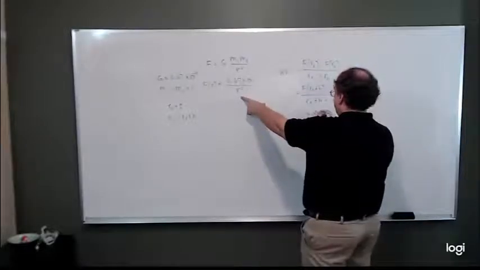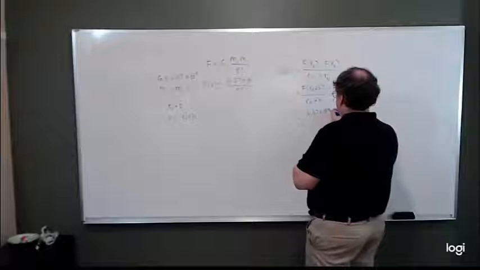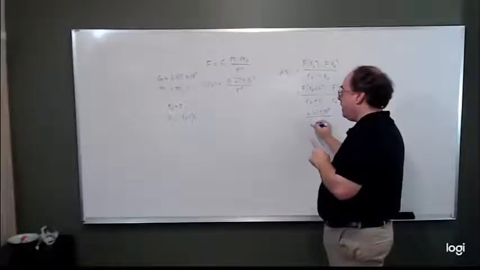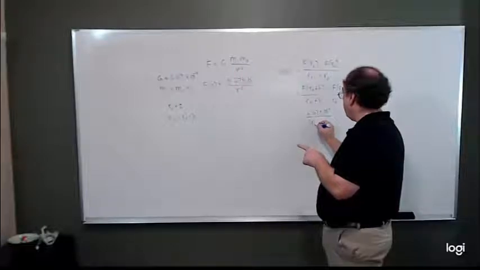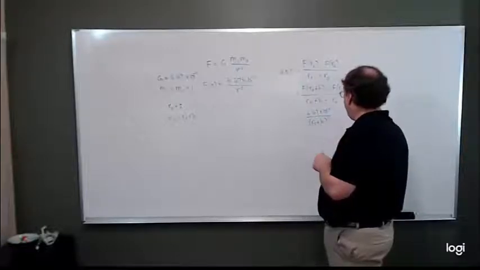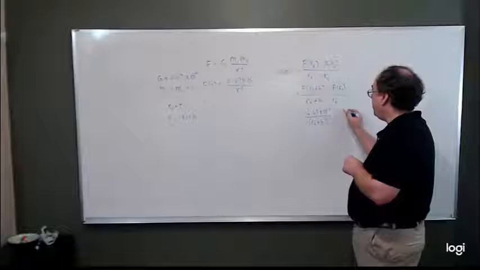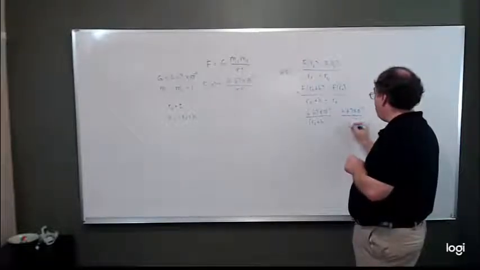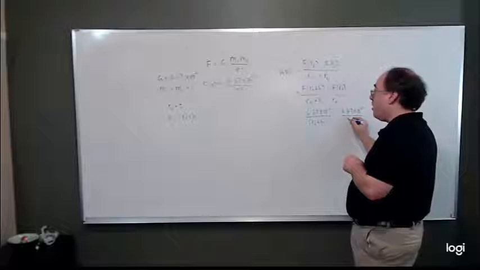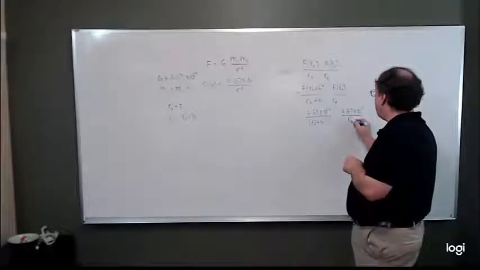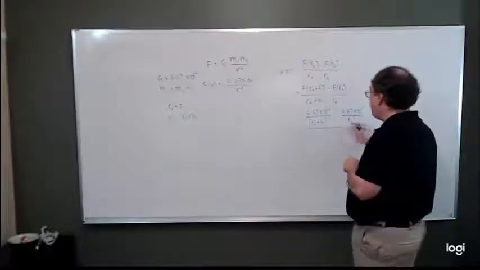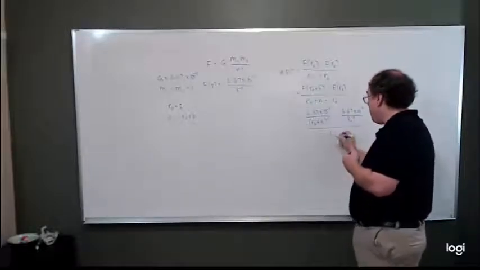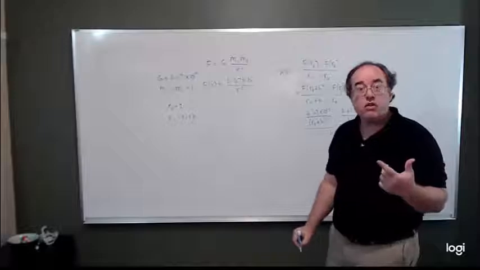This is 6.67 times 10 to the negative 11th over r0 plus h squared, minus 6.67 times 10 to the negative 11th over r0 squared. Look at what happens down here. This is nice. r0 minus r0 is just 0, so that whole thing is just h.